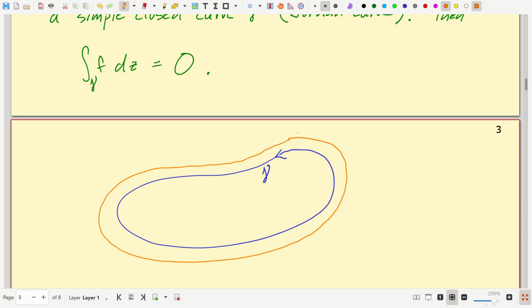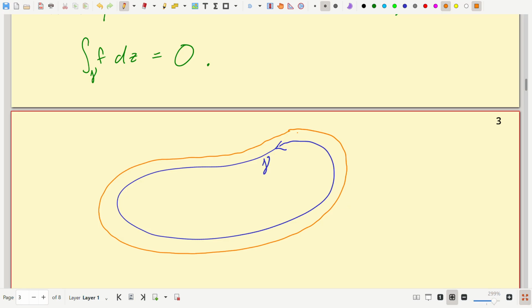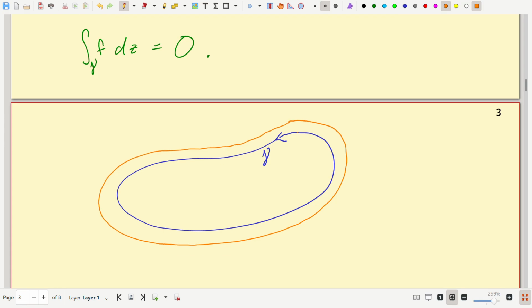Draw a picture, everybody believes that. But the Jordan curve theorem turns out to be a rather challenging thing to demonstrate, so we won't dwell on that. The curves we draw, you say, oh yeah, I see the inside and I see the outside. So we're not going to get bogged down in thinking about the Jordan curve theorem.